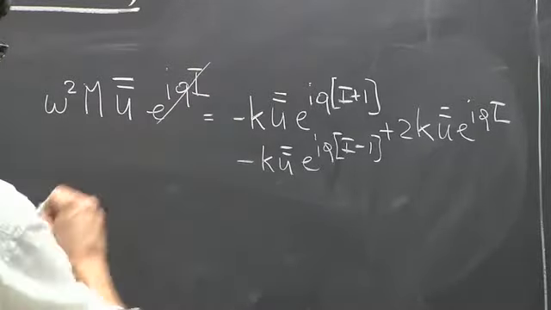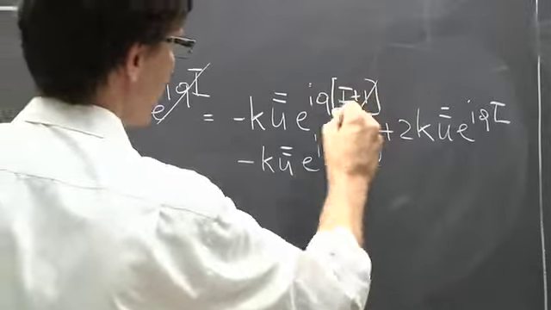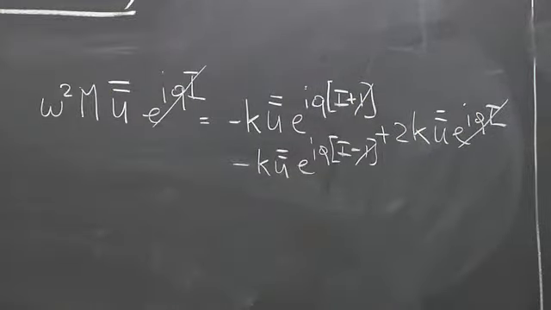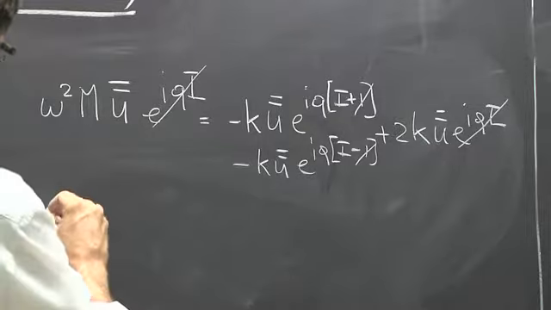So let me remove some phases that I can remove everywhere. So I'm going to remove e to the i q i everywhere. We did exactly the same for the tight binding problem, so you can look back at your notes.